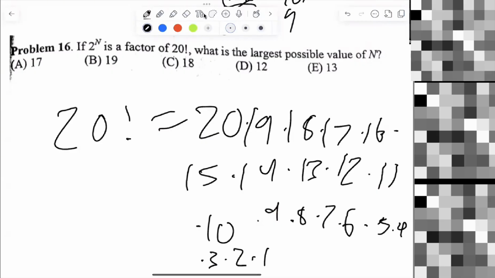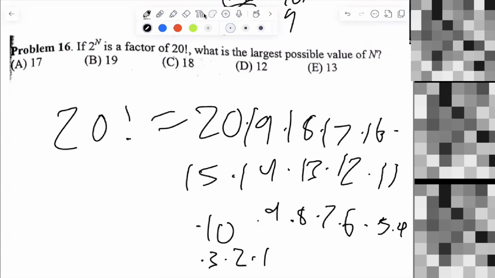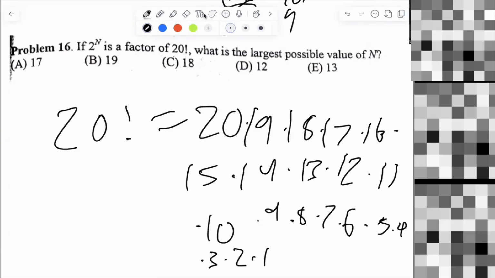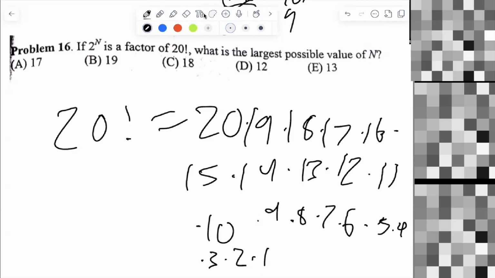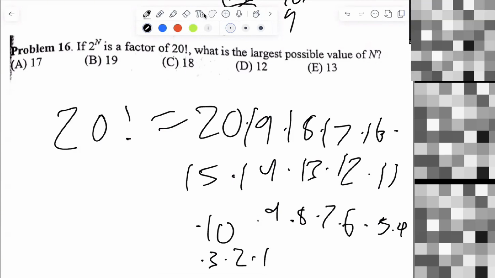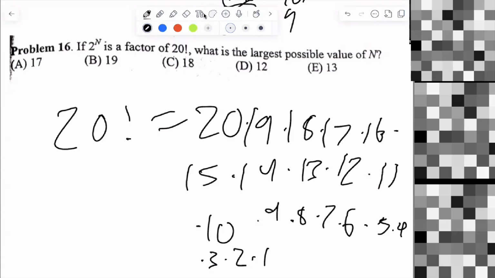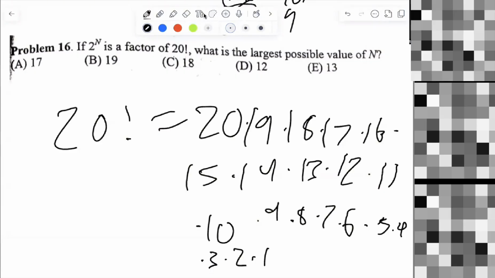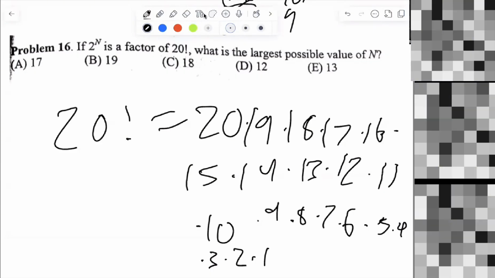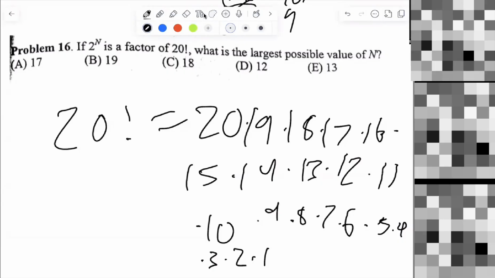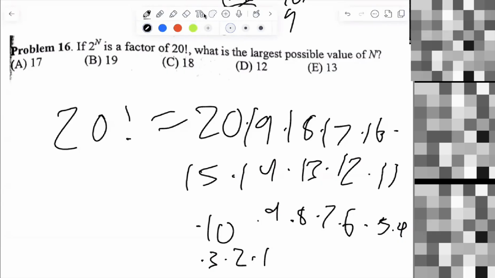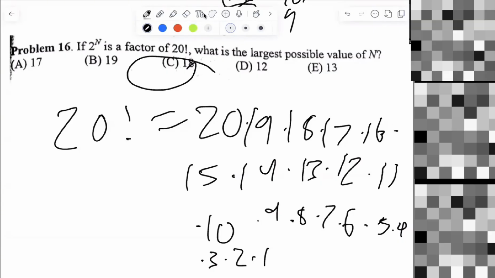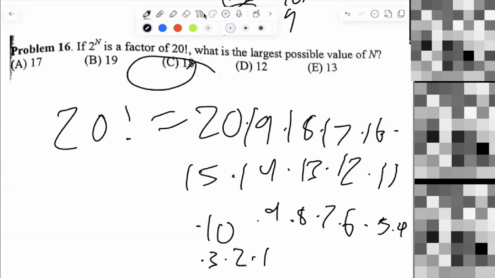As you can see, we want to find the largest n such that 2 to the n is a factor of 20 factorial.